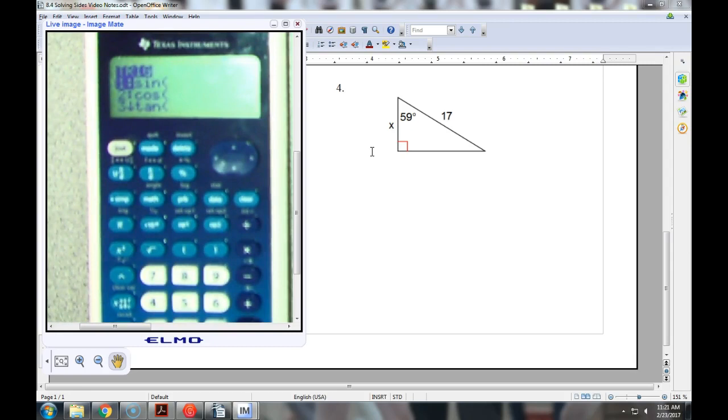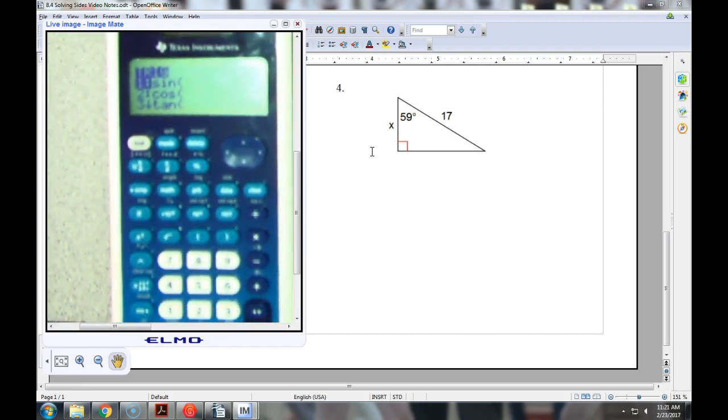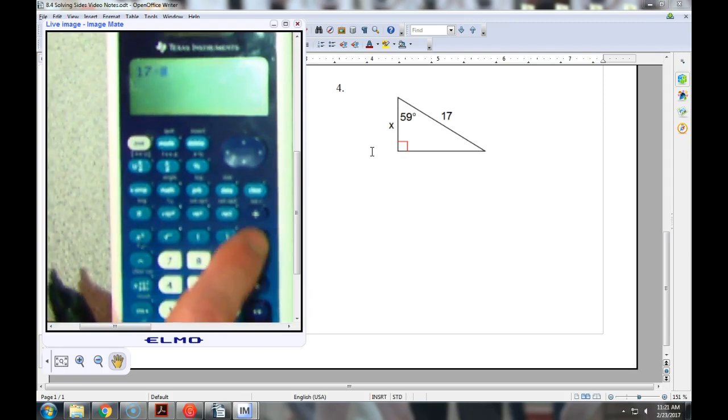I apologize, but I don't really know how to get this thing to focus any sharper on that. The first one says sine, then cosine, then tangent, and you can just use your arrow key to go up or down. So I think we were doing 17 times the cos of 59. So I'm going to quit out of this, and I'm going to go 17 times.